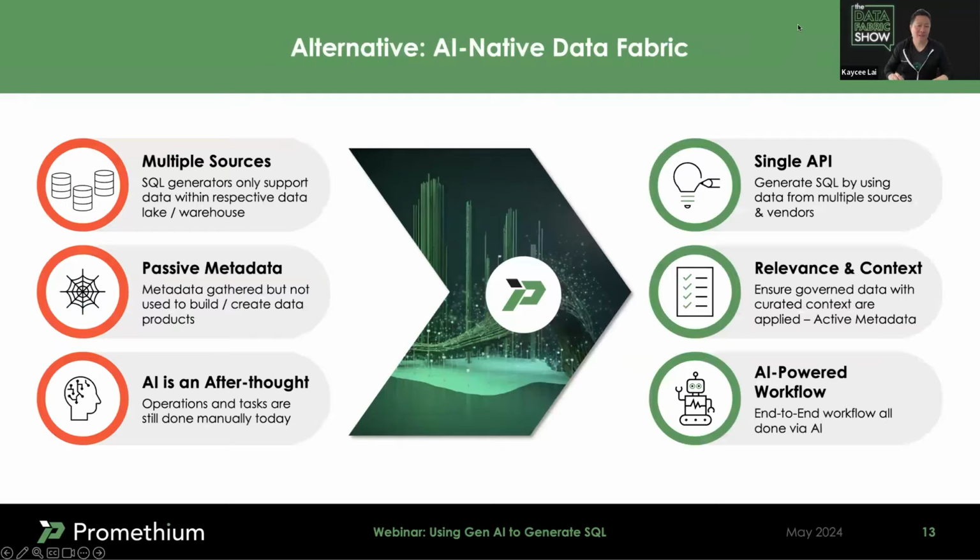Now we want to talk about a different approach: the data fabric approach that Prometheum takes, where we support multiple data sources because we believe that not everyone has all their data in a single warehouse or single lake. So it is important to be able to use GenAI for text-to-SQL where you can leverage the data regardless of where it is, without moving the data.